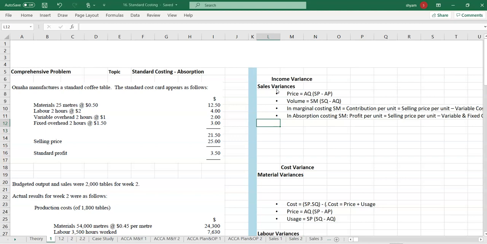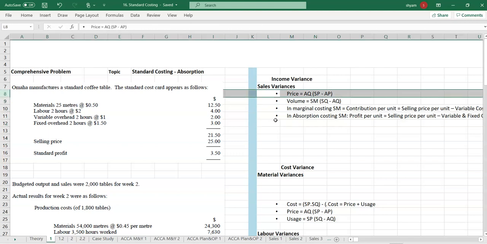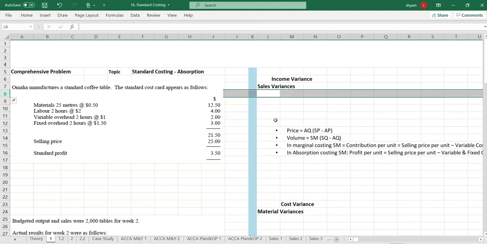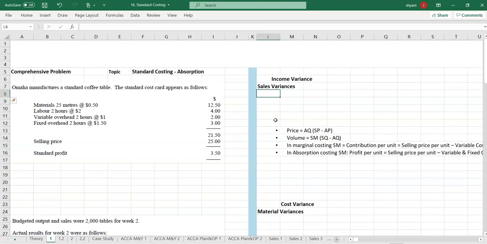Okay, so we'll start from here. Before working out any of these problems, first you need to get a few numbers, and only then can you get the answer.